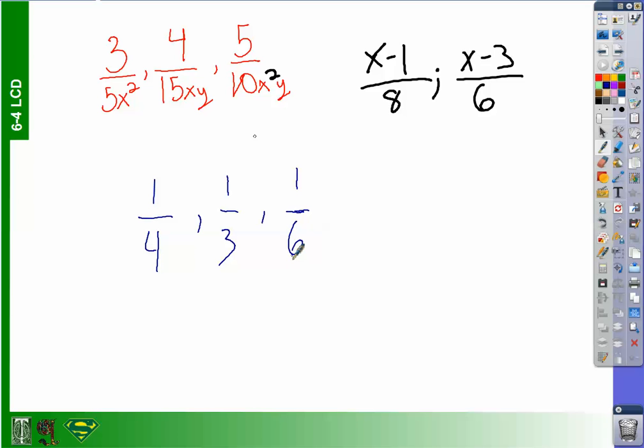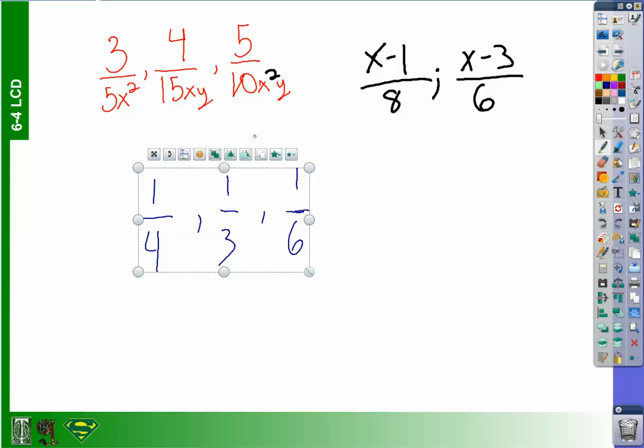That's a perfect number. All right, so if we're looking for a least common denominator, we need to find a multiple of 4 that is also a multiple of 3, which is also a multiple of 6. In this case, 12. All 3 of these numbers go into 12.